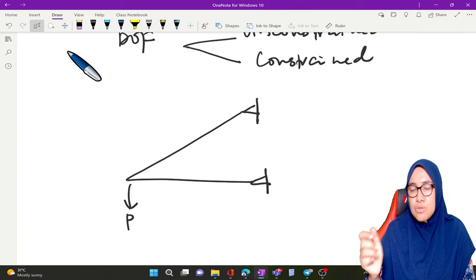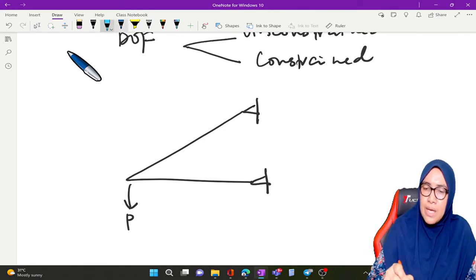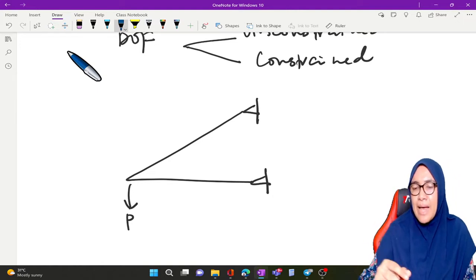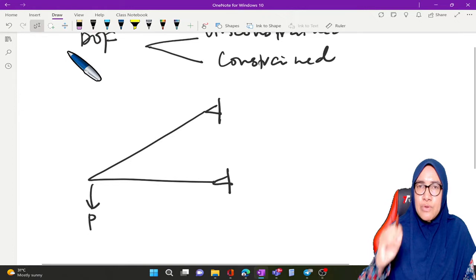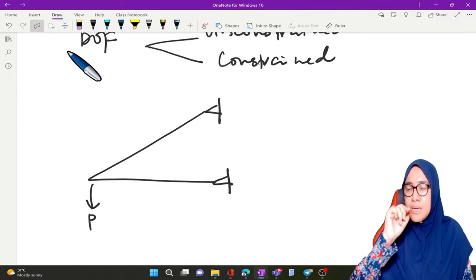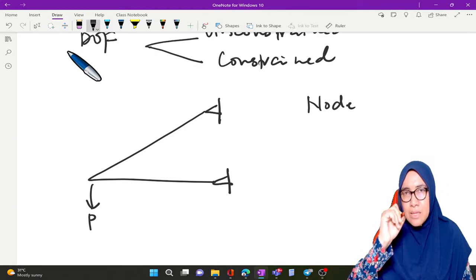How do we know that this is two elements? What is an element? An element we get from two nodes. To produce a structure, we start with a node, a point in the structure.